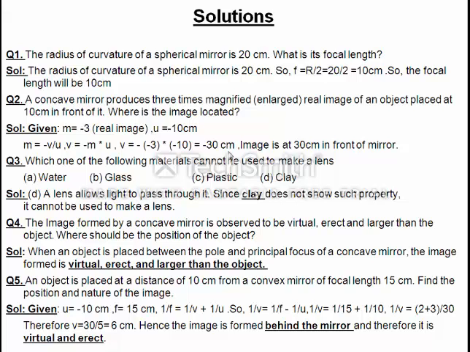So we have got that our v is -30 cm. The image is at 30 cm in front of the mirror, because whenever v is negative, the image is real.